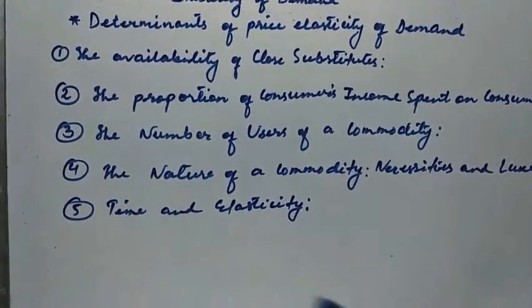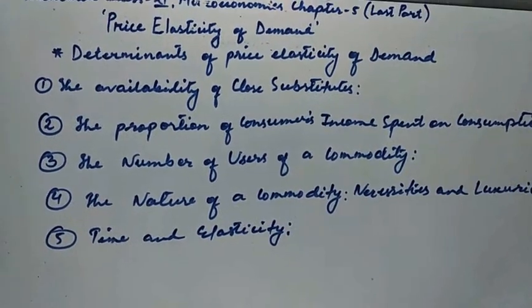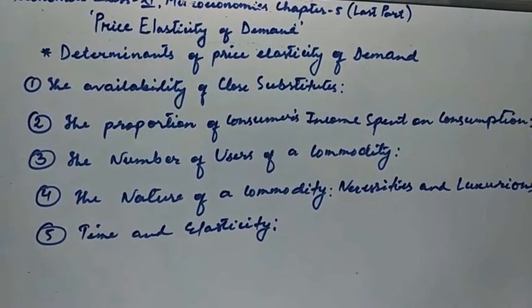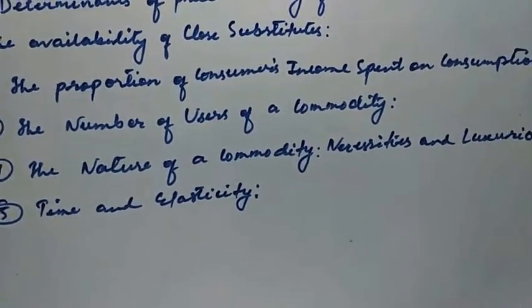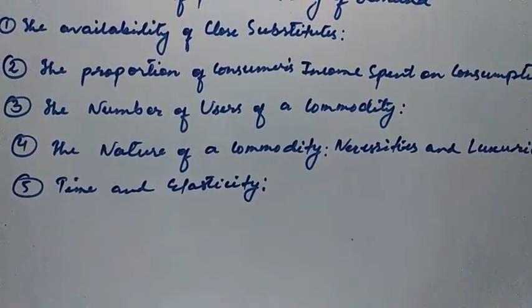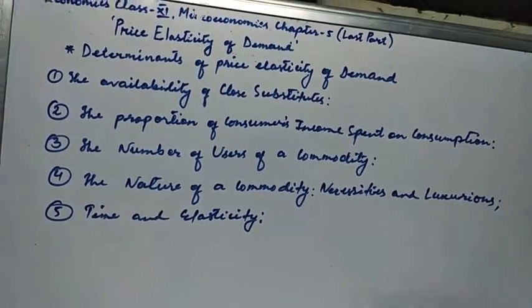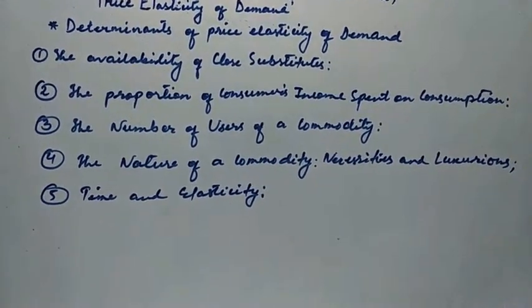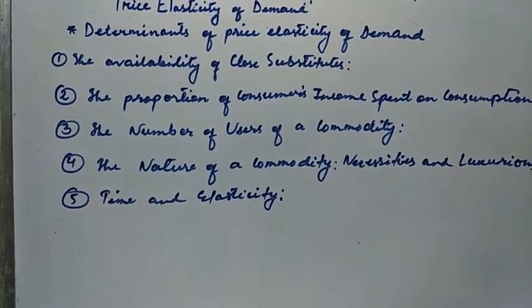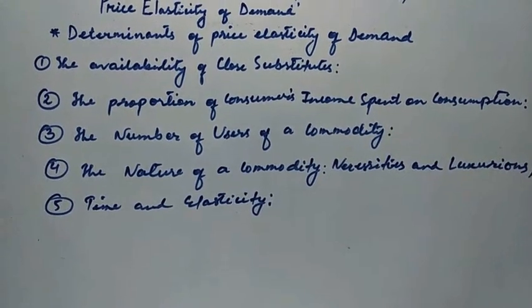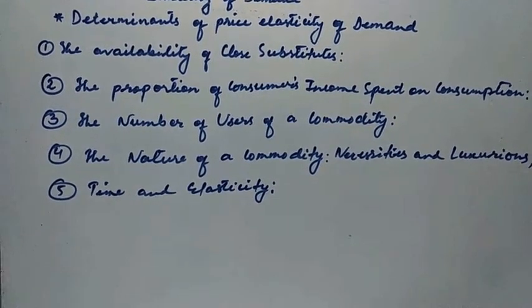The last one is time and elasticity, which is the last factor for price elasticity of demand. What we can see is that demand tends to be more elastic in the long run, but in the short run demand is inelastic.